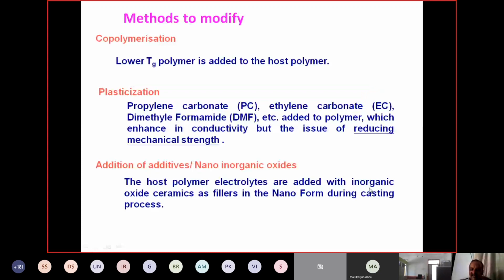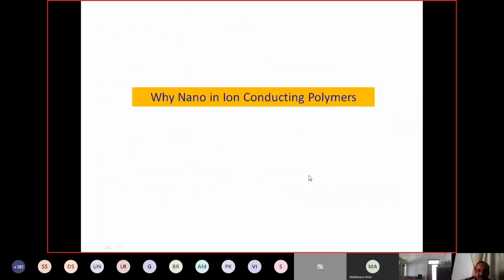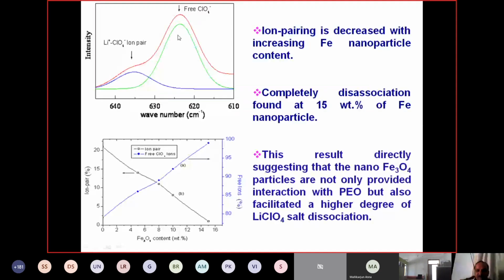See here, the ion pairing is decreased with increasing nanoparticle content. This graph gives the free ClO4 ions, where LiClO4 ion pairs are here. In this graph, we added some amount of Fe3O4 nanoparticle to the PEO-LiClO4 polymer electrolyte.